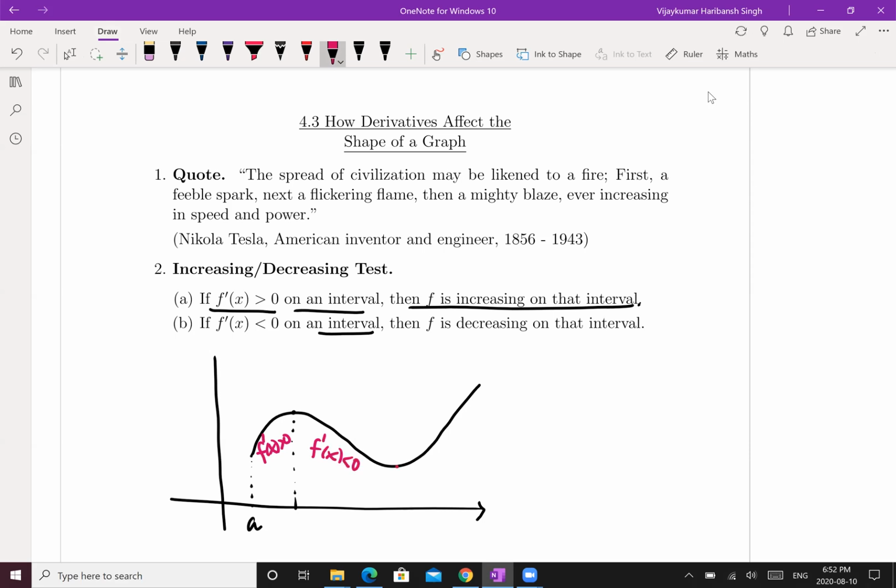Then again, after this, f prime x is greater than 0. And you can see that f is increasing. You can see that f is decreasing. And here again, f is increasing.